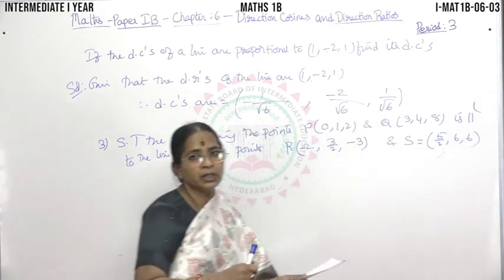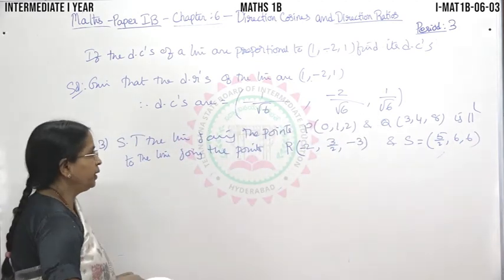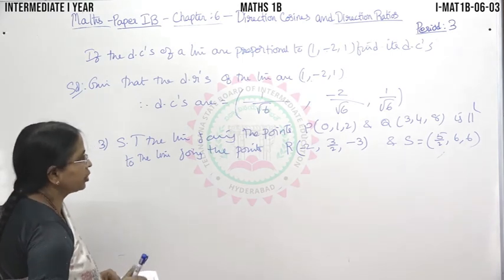So I must show that the line joining PQ is parallel to the line joining RS.